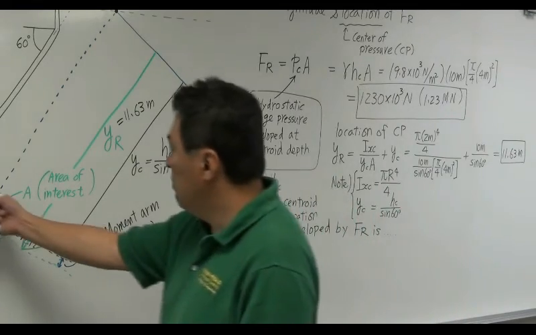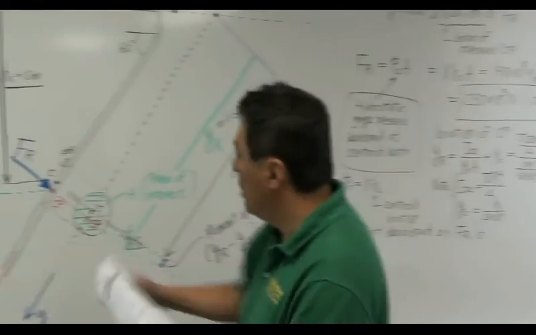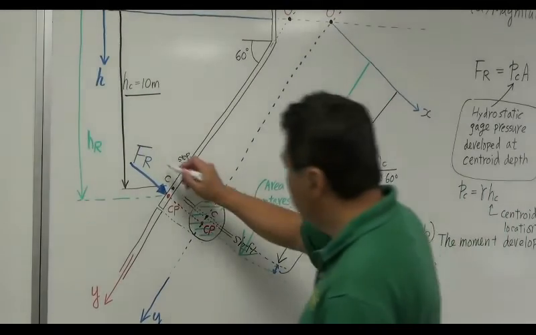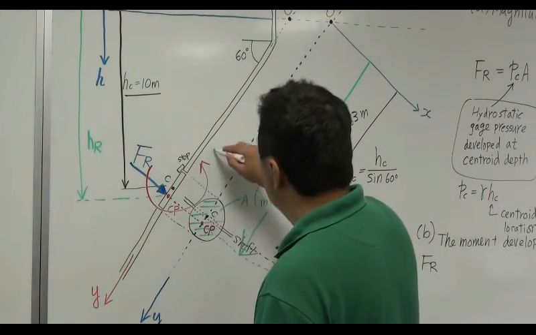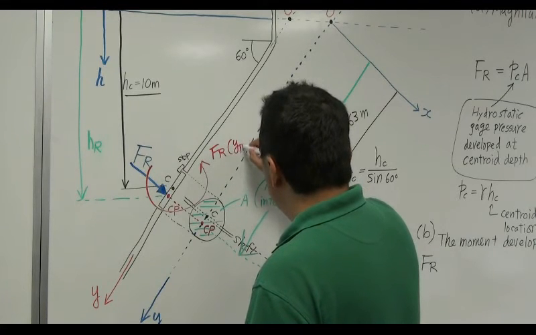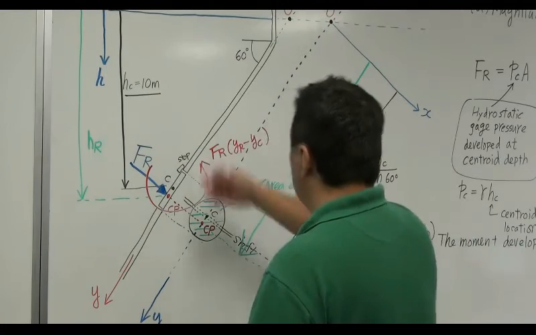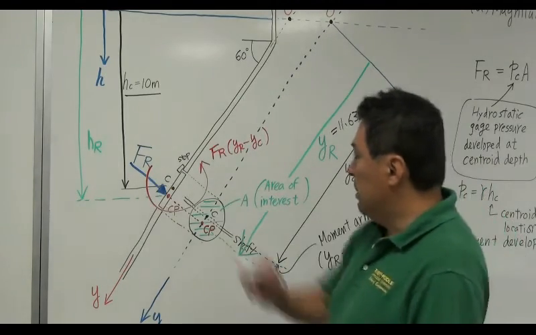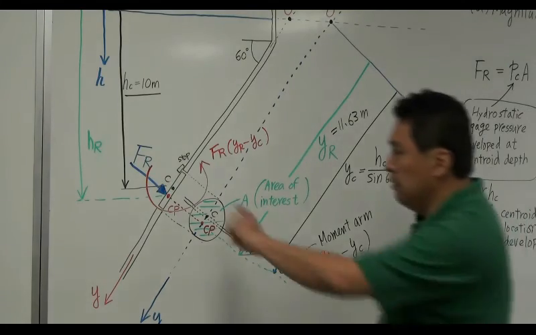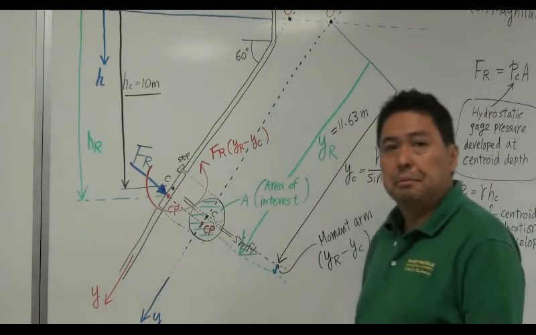So this small tiny moment arm multiplied by F1 creates the moment around this shaft, which is F1 times YR minus YC. This is the moment created by this F1, always trying to keep this gate closed.